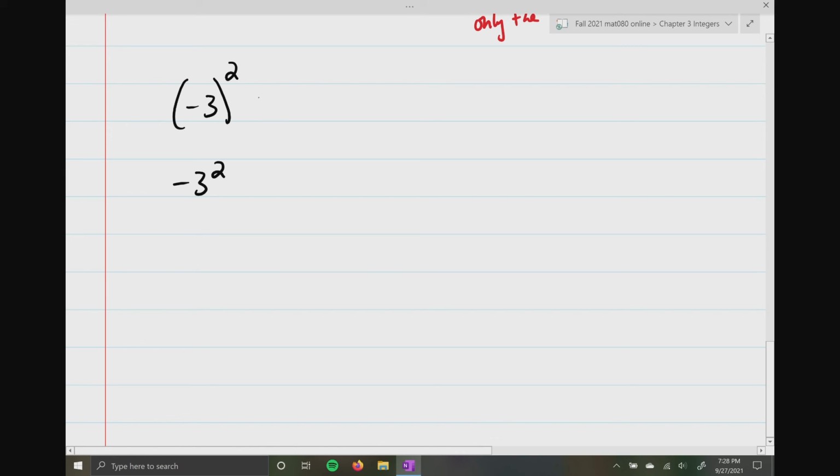So recall from exponents that whenever you have an exponent, you need to rewrite the base that many times. Now, because I have parentheses around the negative 3, I need to write negative 3 times negative 3 in parentheses. A negative times a negative is a positive, and 3 times 3 is 9.